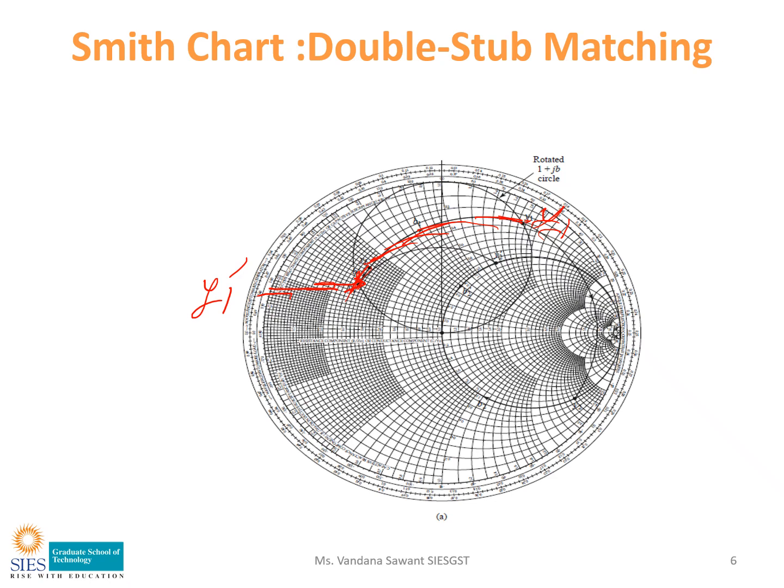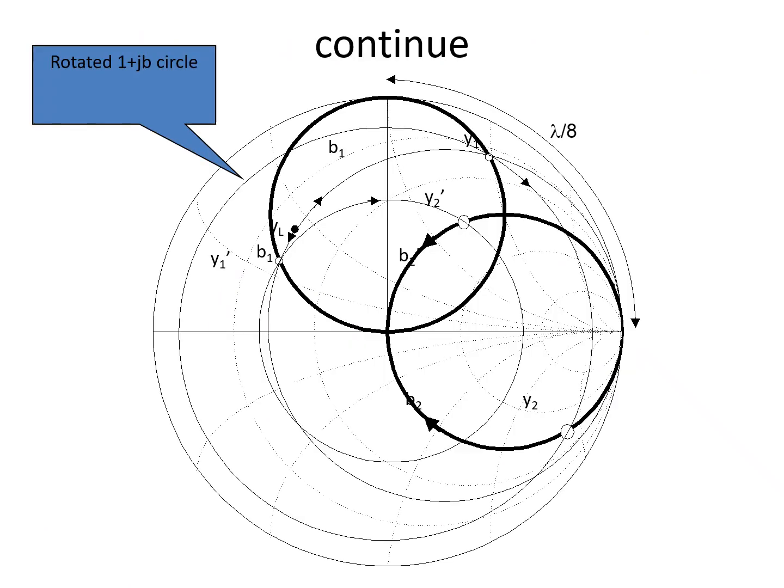Now at this y1 point, we need to read out the value of susceptance, that is, the jx value of this y1 point and of this y1 dash point. We need to read out the susceptance value for y1 and y1 dash to design a stub. You can see clearly over here, this is your y1 point and this is your y1 dash point, which are intersected by the R equal to 3 horizontal circle on the lambda by 8 circle.